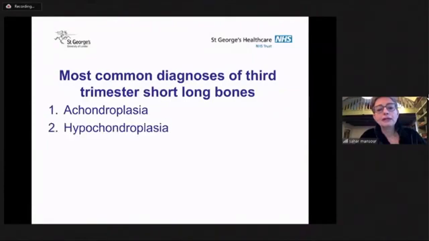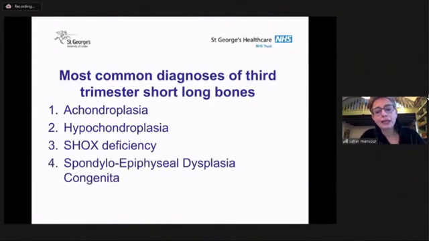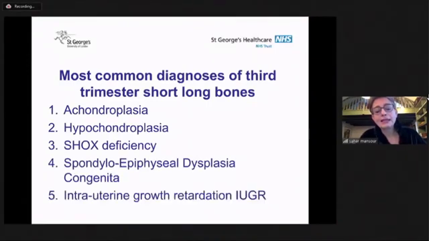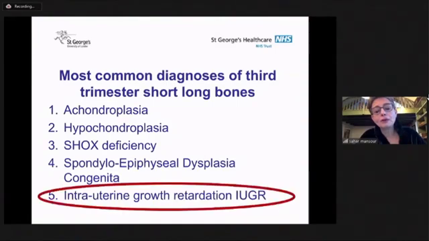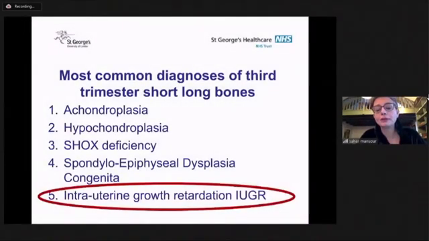The most common diagnoses are achondroplasia, hypochondroplasia, which occasionally presents antenatally, but not often, SHOX deficiency, which we have a big interest in, and I'll outline, and SEDC. And as Aris said, the most common cause by far is intrauterine growth retardation. So look at the baby's Dopplers and abdominal circumference for clues of IUGR.